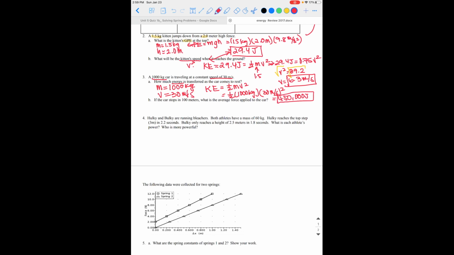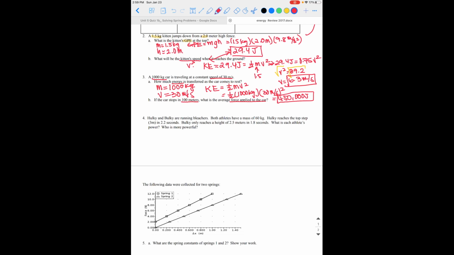Now, if the car stops in 100 meters, what is the average force applied to the car? So here we've got a force, and we don't have a spring because we would only see force in two equations, which would be the force of a spring or the work equation, work and power equation.